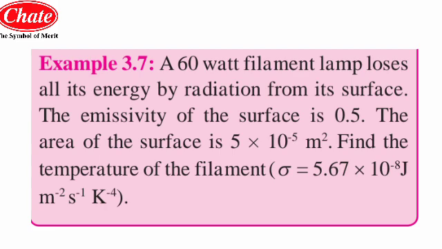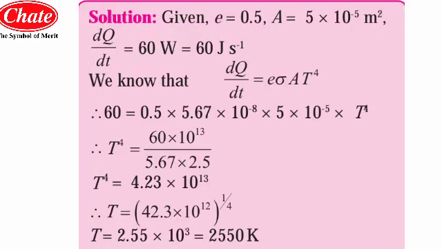Now we will see its solution. Now students, the given values are E, that is emissivity, is equal to 0.4. Area is 5 into 10 to the power of minus 5 meter square. dQ by dt, that is the radiated energy, is 60 watt.